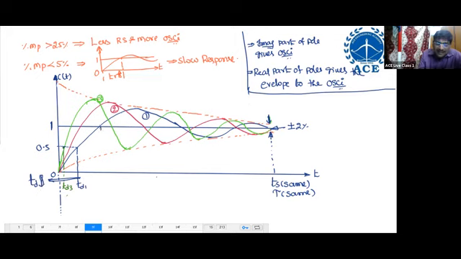What about rise time? Rise time also decreases. This is TR1. This is TR3. That means what happened? Rise time TR is decreasing. What about peak time? This is TP1, peak time.